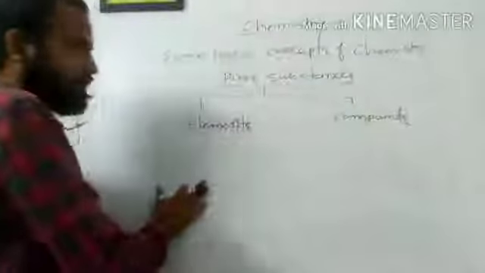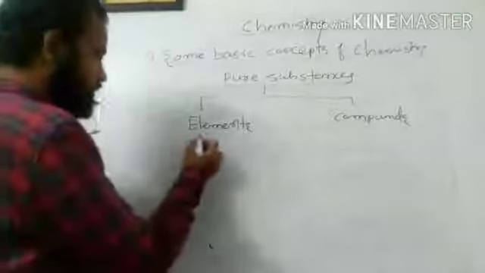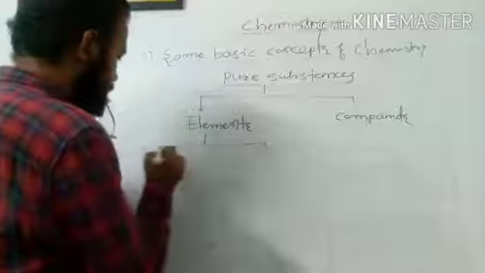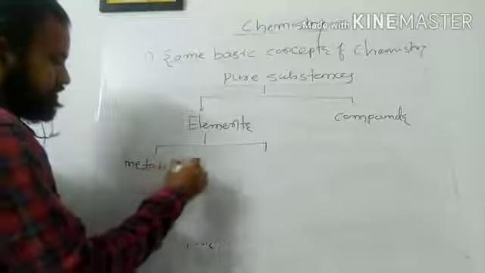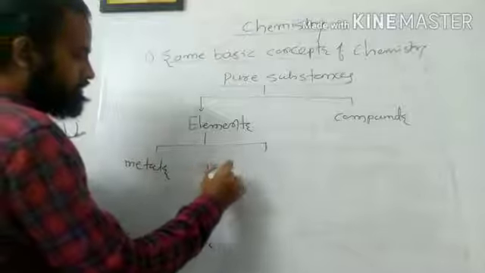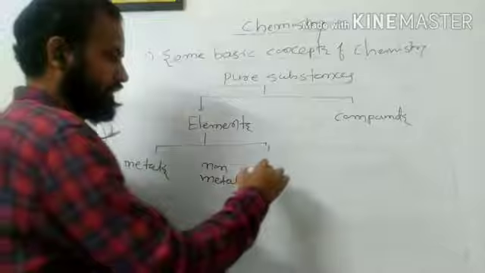These elements are again classified into three subtypes, commonly known as metals, non-metals and metalloids.